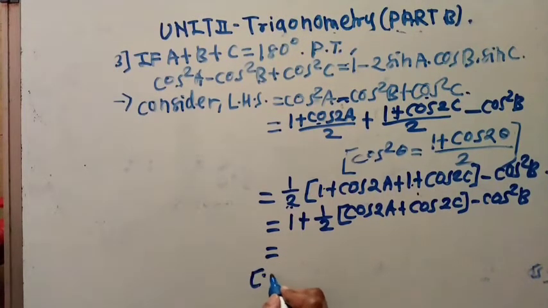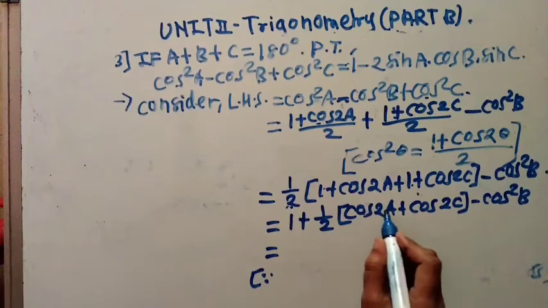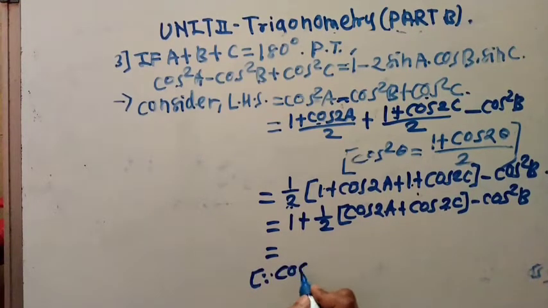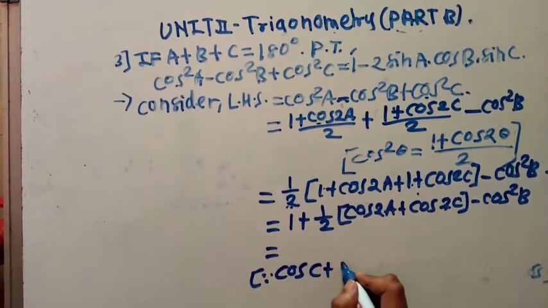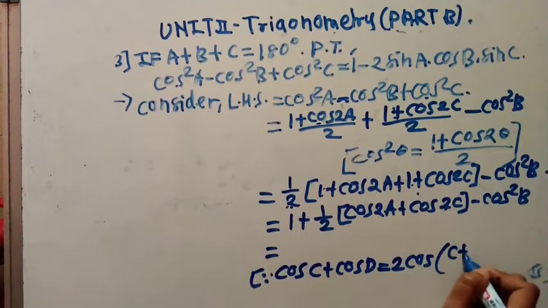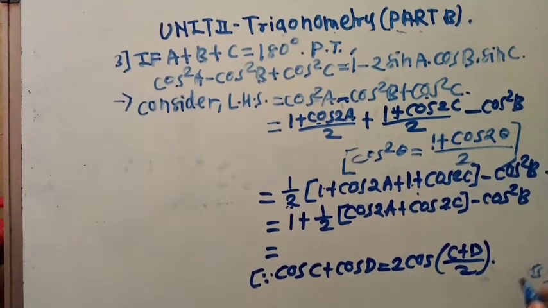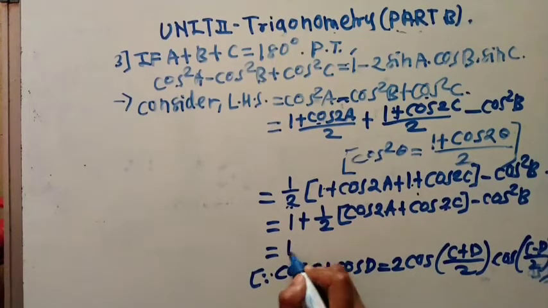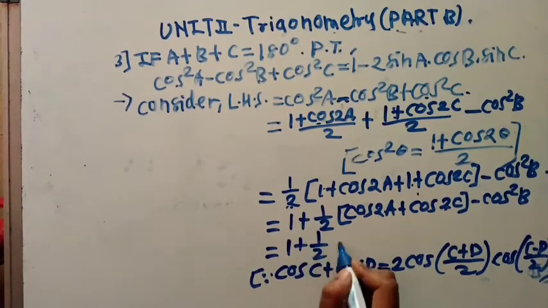But here we use the formula cos C plus cos D. So cos C plus cos D is equal to 2 cos (C plus D) upon 2 into cos (C minus D) upon 2. Hence we use this formula.